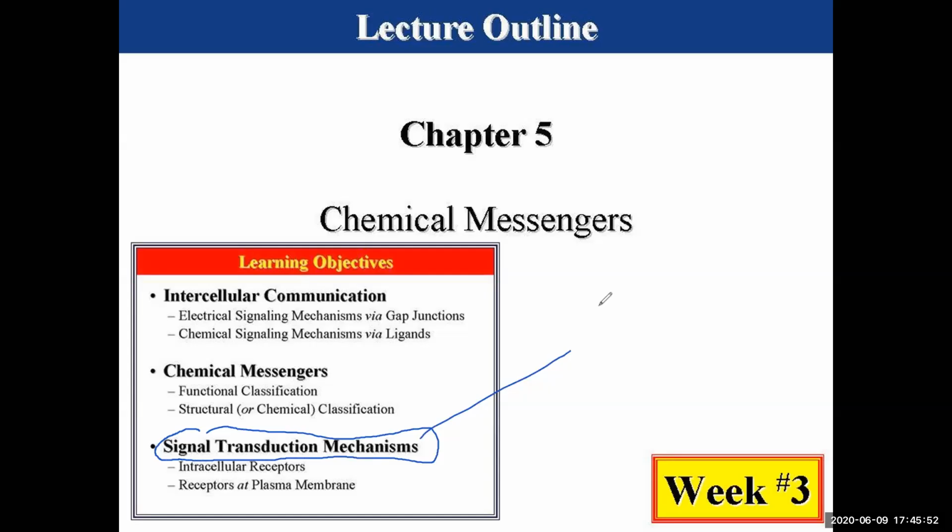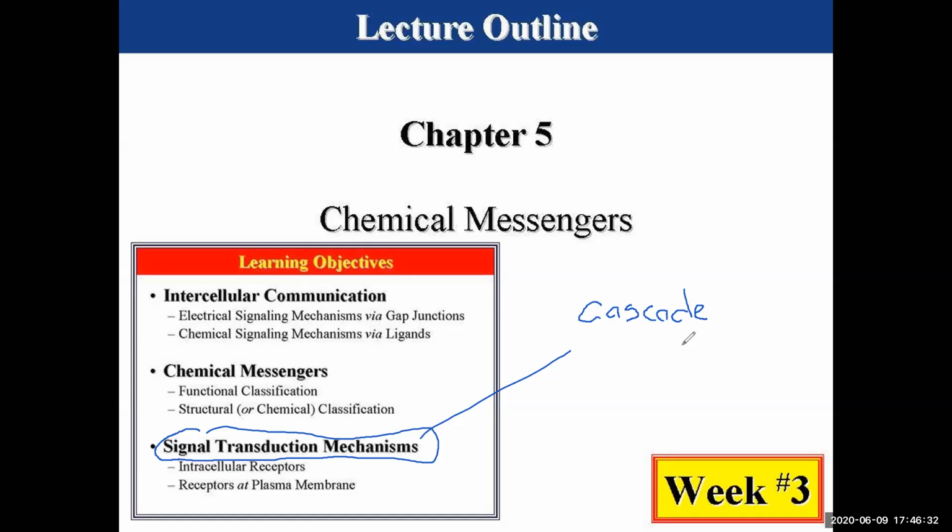This is basically a cascade of events, a cascade of molecular signals leading to a target cell responding to a messenger. And in this case, it can be an electrical messenger, or it can be a chemical messenger.